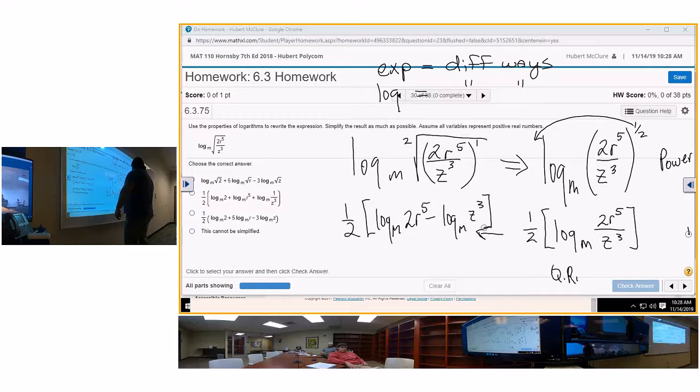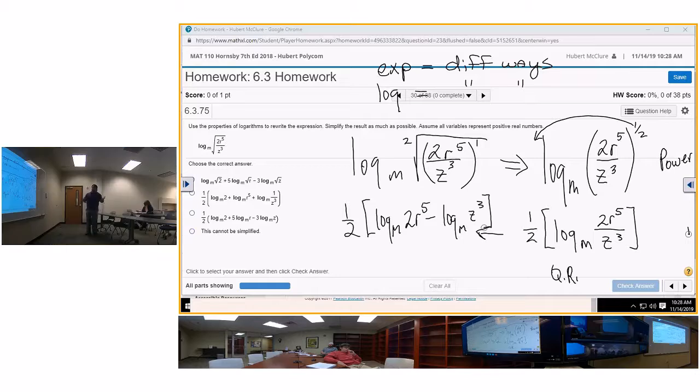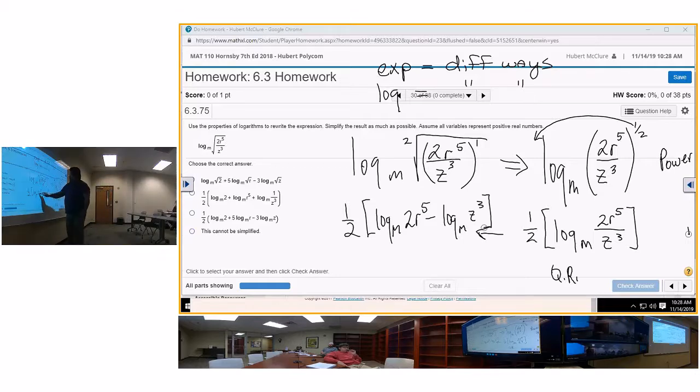Are we finished? No. What else can we do? You've got the 2 and the r to the fifth. What is that? That's multiplication, isn't it? Not power, but the product rule.